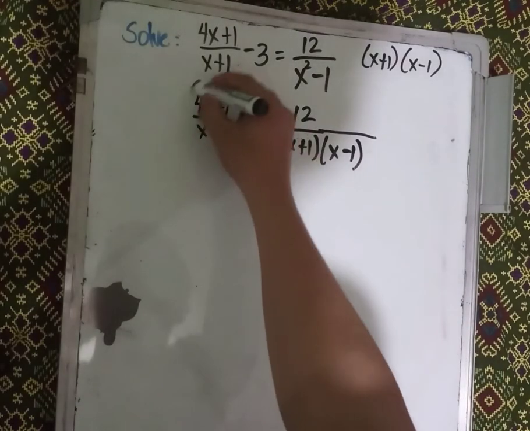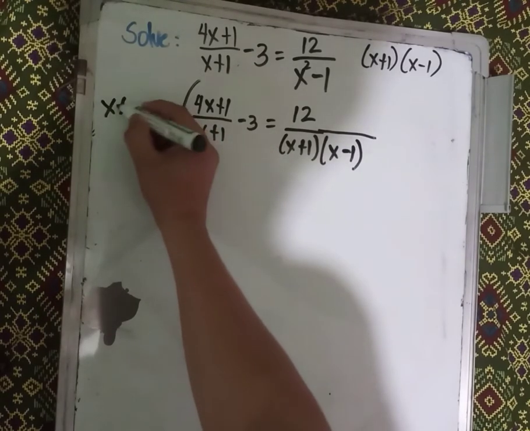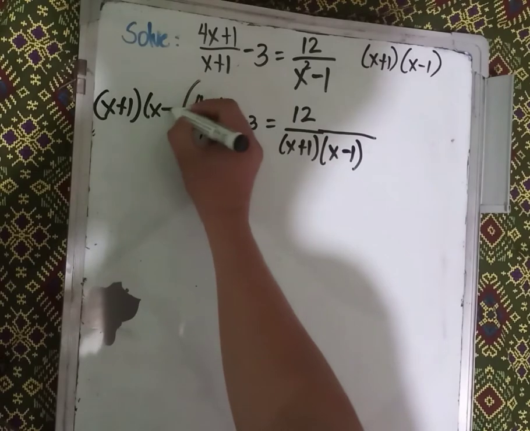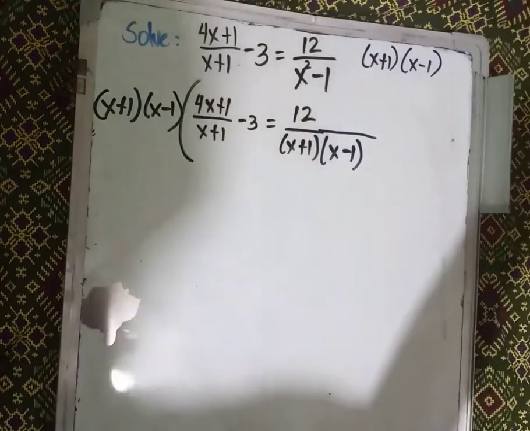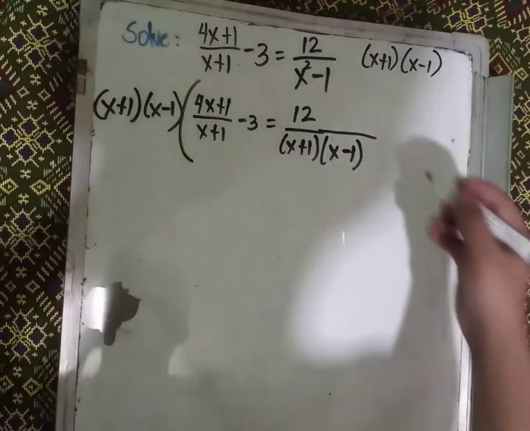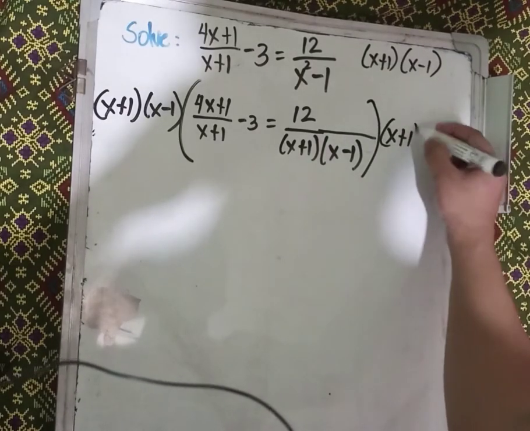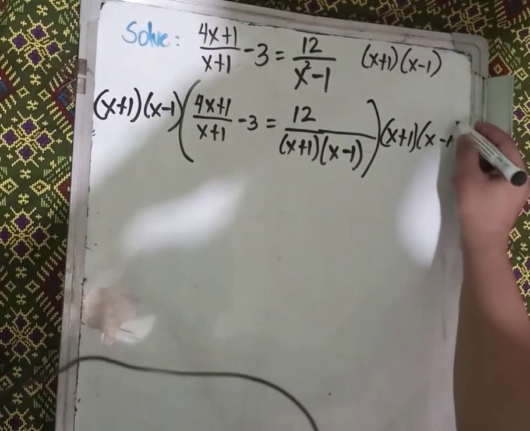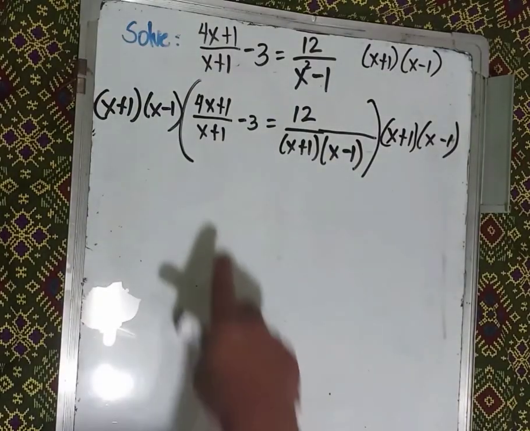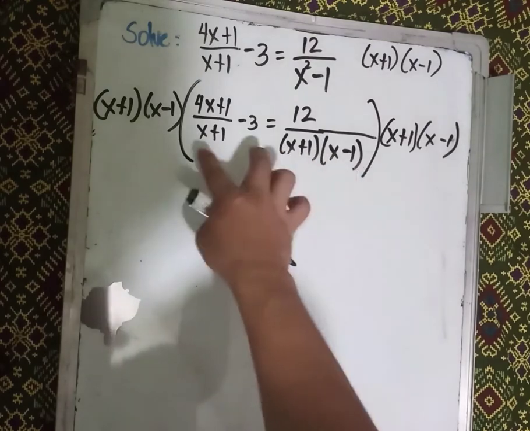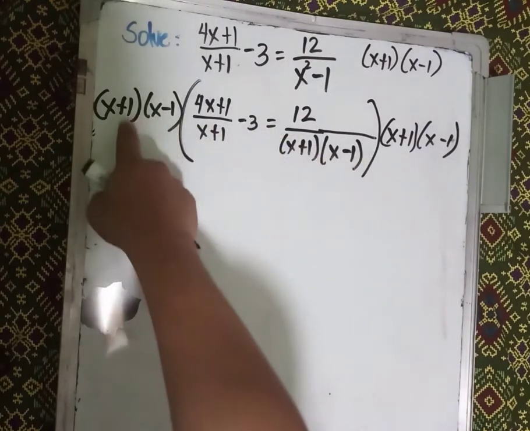That is x plus 1 times x minus 1. Multiply both sides of the equation by the LCD. X plus 1, x minus 1. Diba? Nandito yan sa denominator. Kung ano yung nasa denominator, that is your LCD.